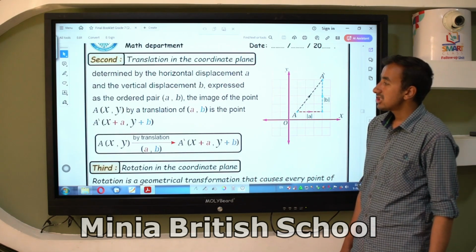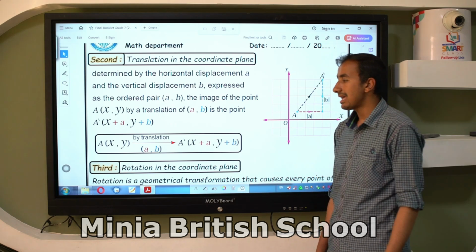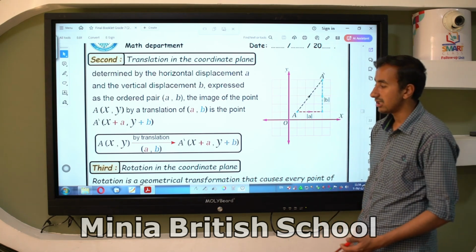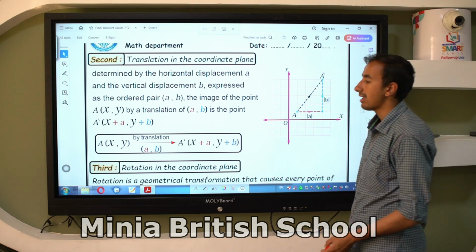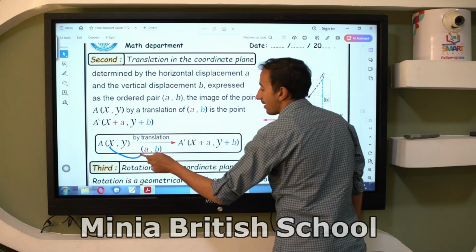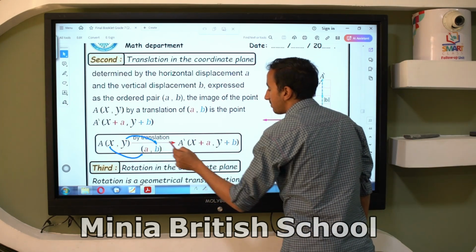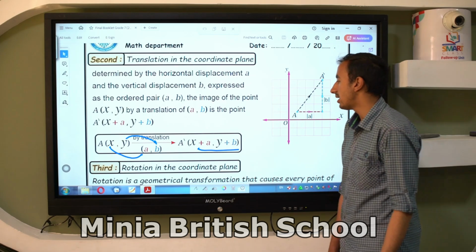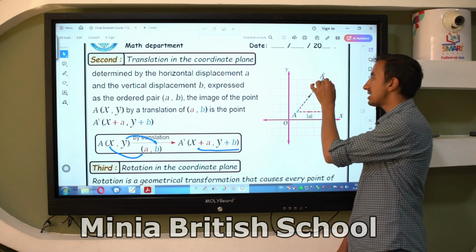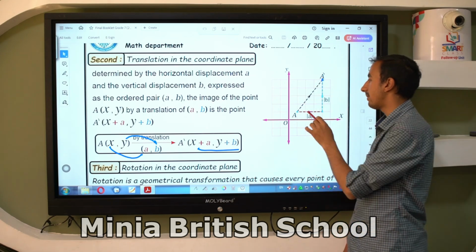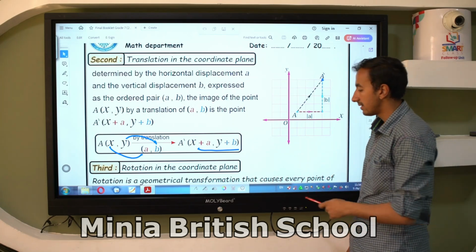But in translation, from xy by translation to ab, I can write x to be x plus a, y plus b. Okay? Here A dash is the image by translation from A to B. Okay? Yes.